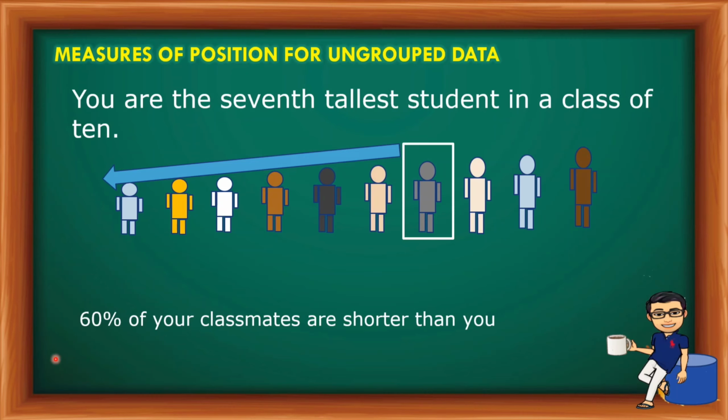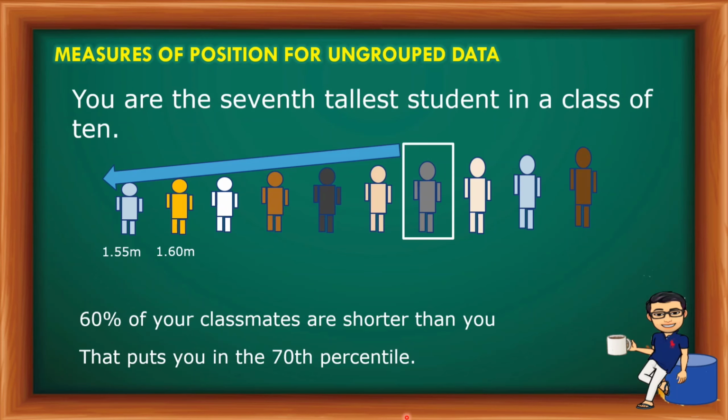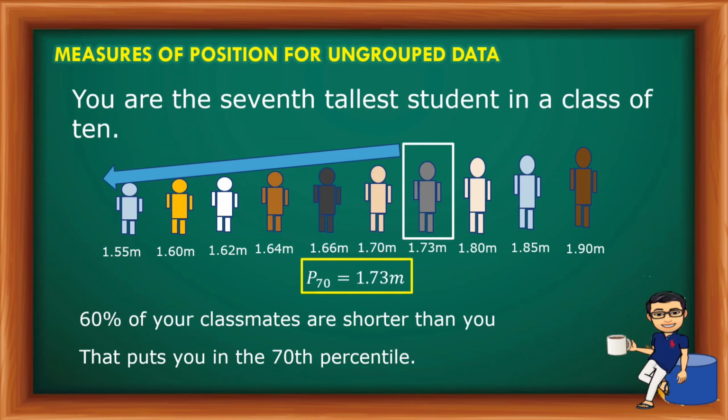So ito yon. And that means to say also that puts you in the 70th percentile, since we are talking of percentile. If that's the case, maybe, at ito yung height of the students, then the percentile 70 is 1.73 meters. So, yan yung magiging percentile natin.